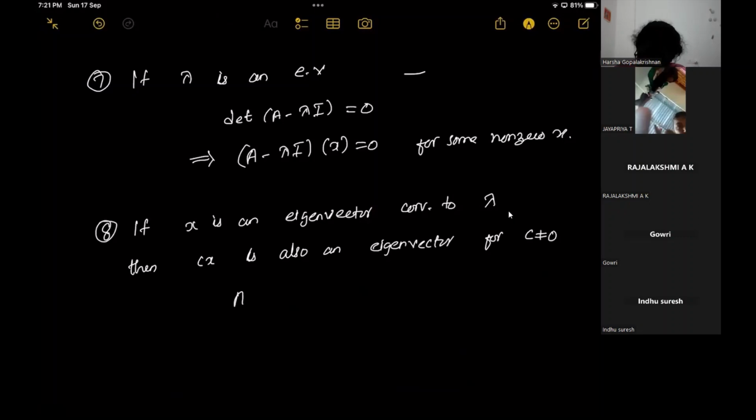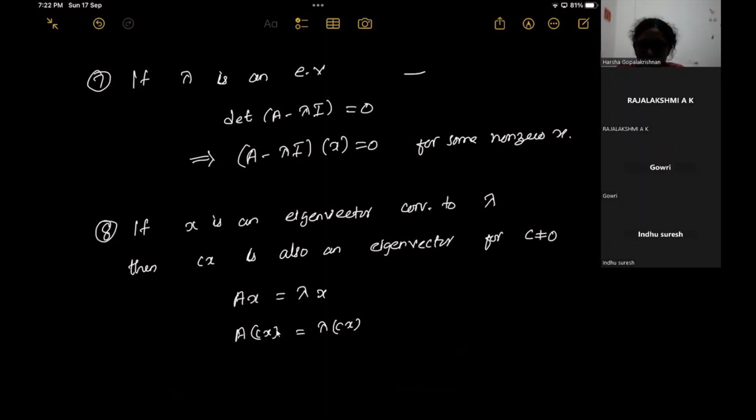That means Ax equals lambda x. We want to prove that Cx is also an eigenvector. This is true because A(Cx) we can take as C times Ax, which is C times lambda x, or lambda times Cx.